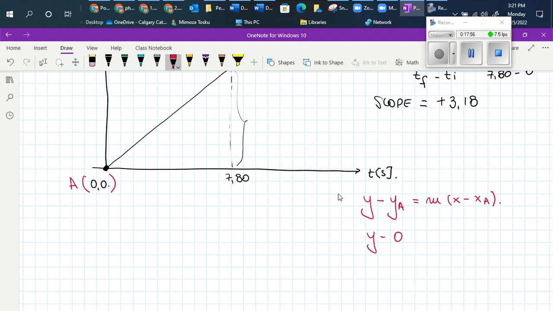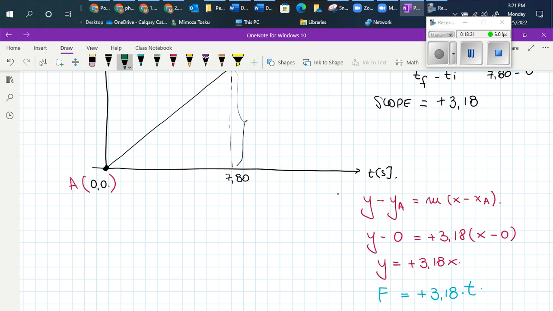So this will be y minus 0 is equal to positive 3.18 times x minus 0. When we convert this into slope y-intercept form, y is equal to positive 3.18x. Or since y in our case represents the force and x represents the time, this will be 3.18 times time.